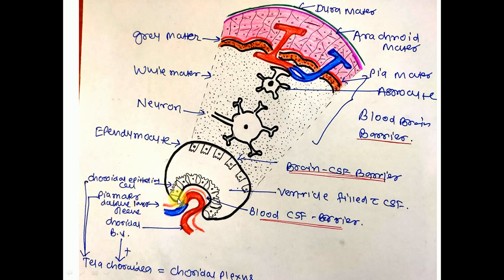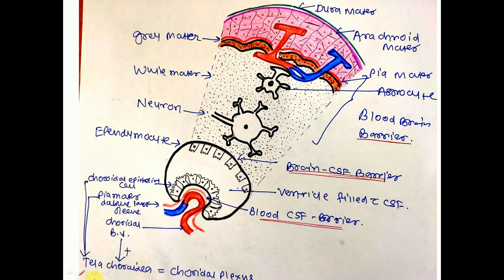So 1, 2 and 3. These three are collectively known as the choroid plexus. So there are basically three choroid plexuses as per the name of the ventricle: choroid plexus of the lateral ventricle, choroid plexus of the third ventricle, choroid plexus of the fourth ventricle. Okay.